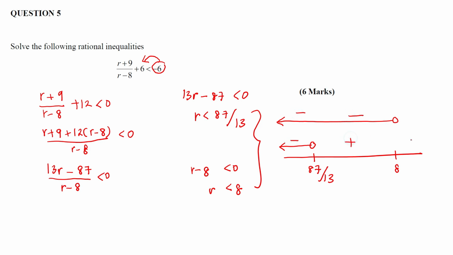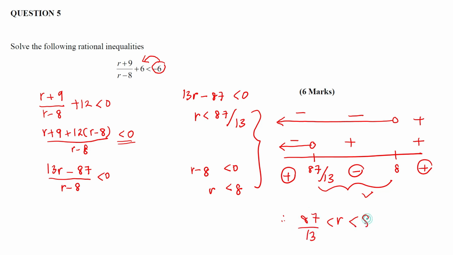This one must be positive. Negative because we are solving a less than question. Plus, minus, plus. So we are solving for those who give us negative values. So the answer is this. So r is any number between 87 over 13 until positive 8.